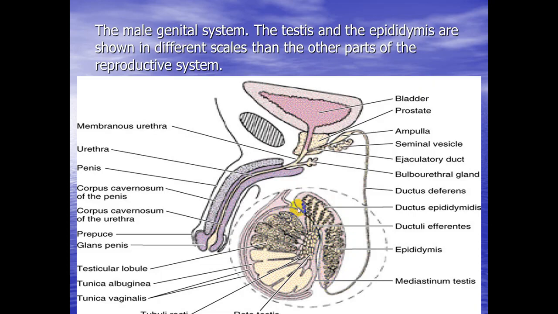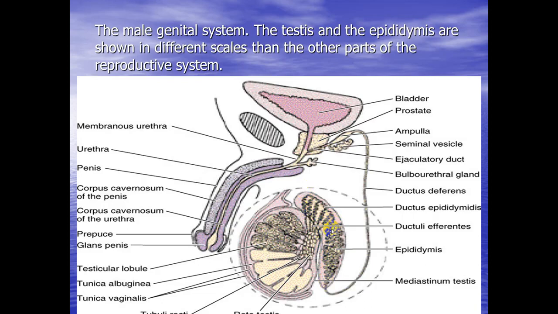The epididymis is located on the posterior surface of the testis. It is a flat and long organ. It has a head, and the head mostly consists of the ductuli efferentes. Each tubule opens into the ductus epididymis, which travels from the head of the epididymis to the body and tail.